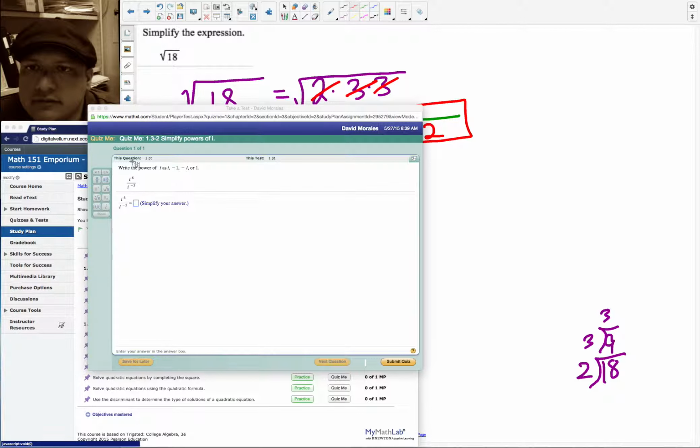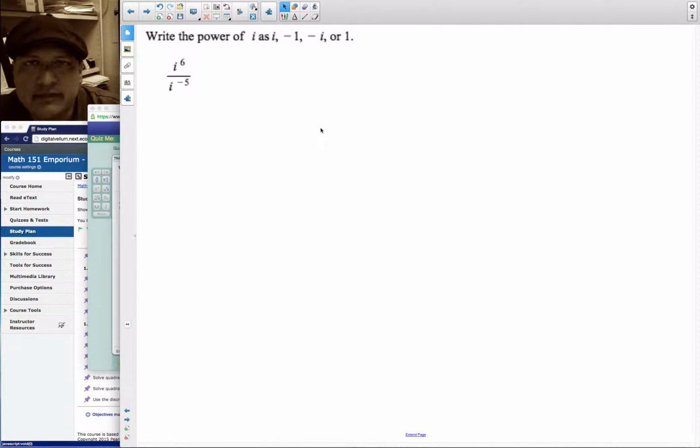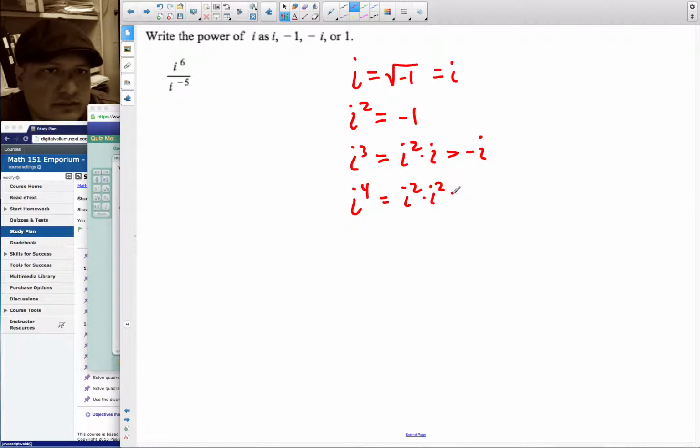As a power. So the rule here is that i's have a repeating pattern. If you think about it, i is the square root of negative 1. i squared is negative 1. i cubed is i squared times i, which is just negative 1 times i. i to the 4th is i squared times i squared, which is negative 1 times negative 1, which is 1.